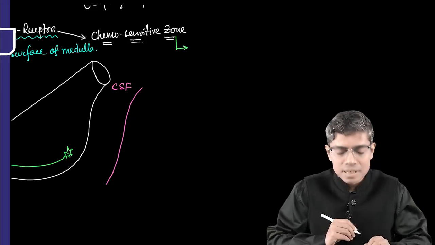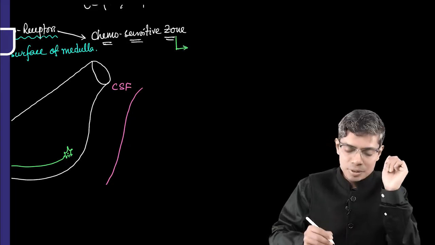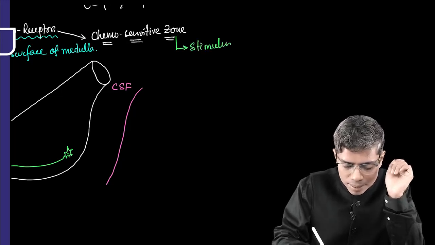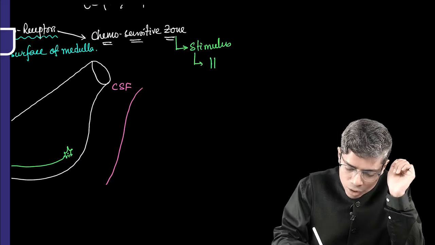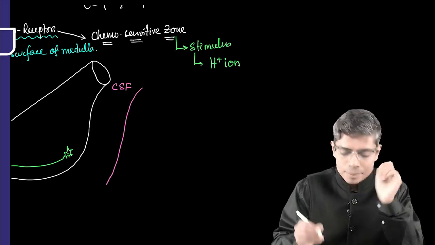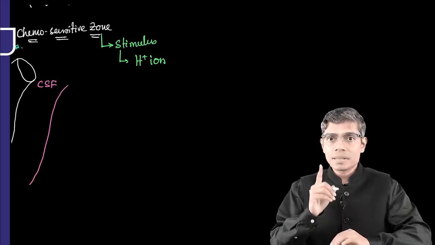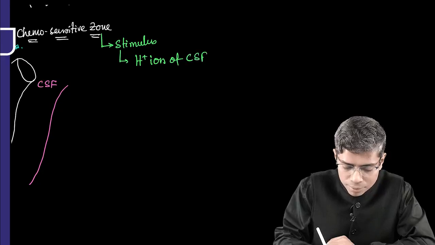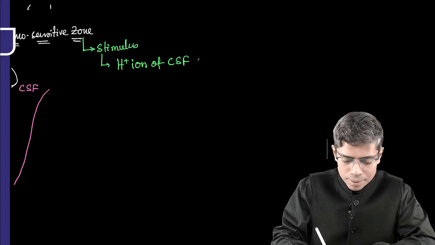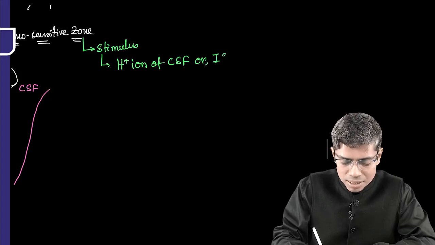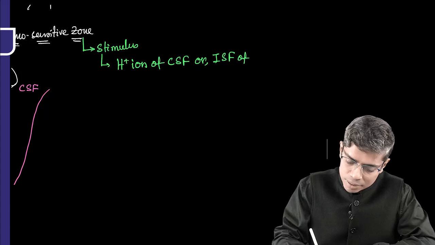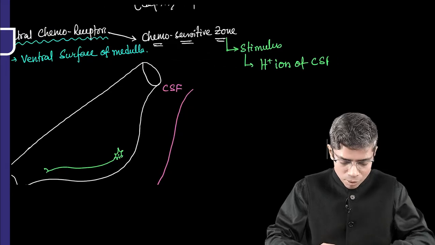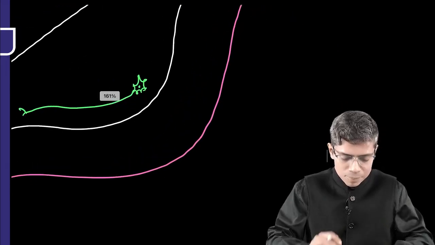The main stimulus for the central chemoreceptor is H plus ion, but H plus ion of the cerebrospinal fluid or interstitial fluid of the brain.